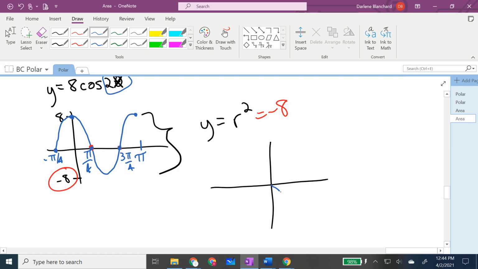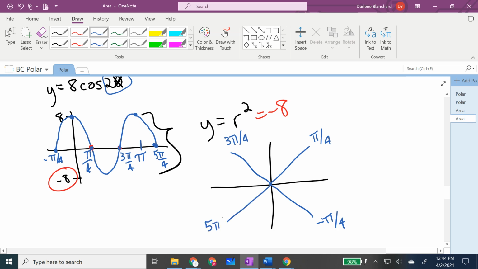So I'm going to draw a negative pi over 4 line and a positive pi over 4 line. And while I'm at it, I also need 3 pi over 4 and 5 pi over 4. I will get one loop.